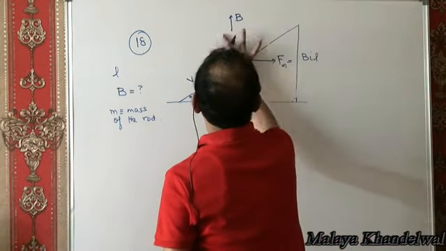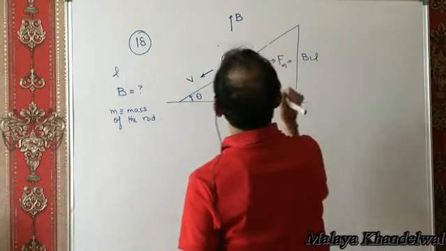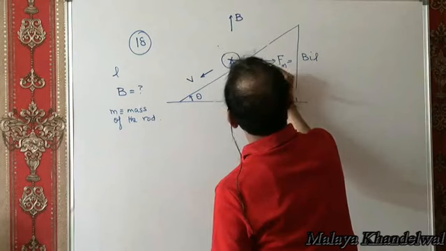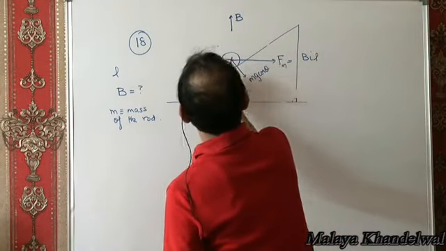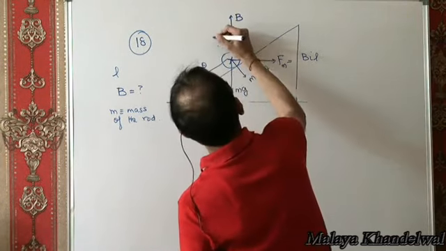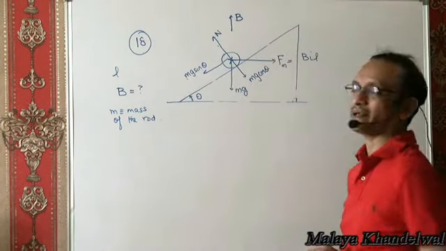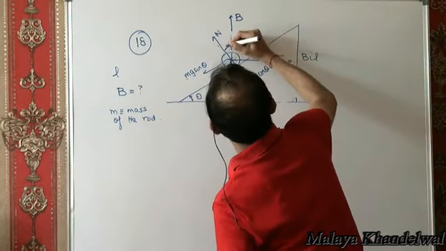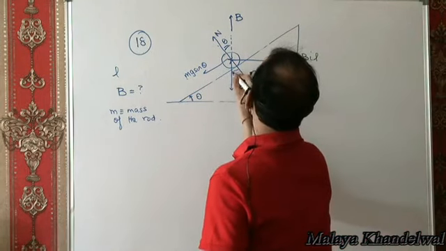There is obviously mg acting downwards, which can be resolved as mg cos theta perpendicular to the plane and mg sin theta parallel to the plane. And of course there is the normal reaction N from the plane, which makes an angle theta with the vertical.